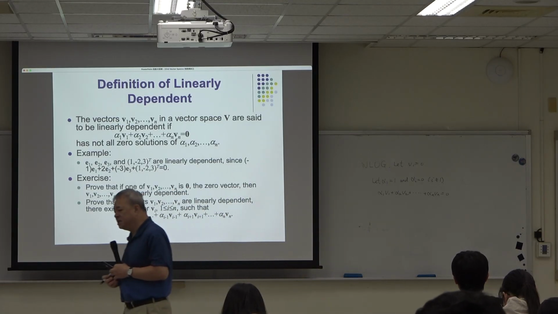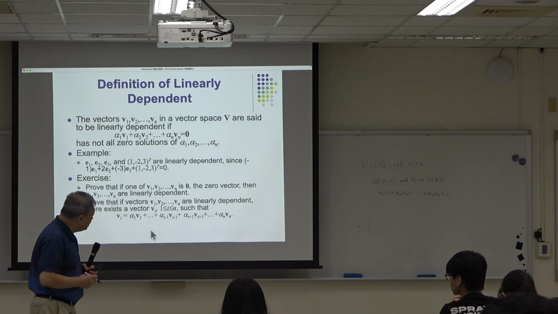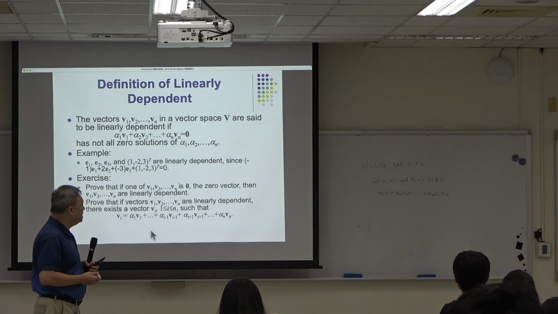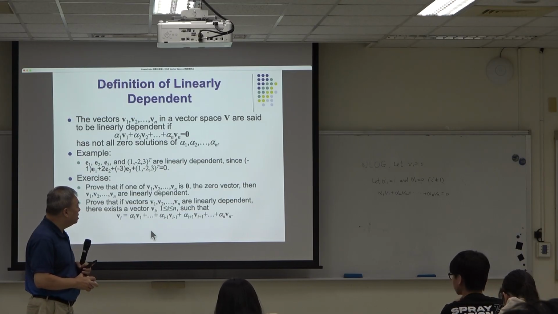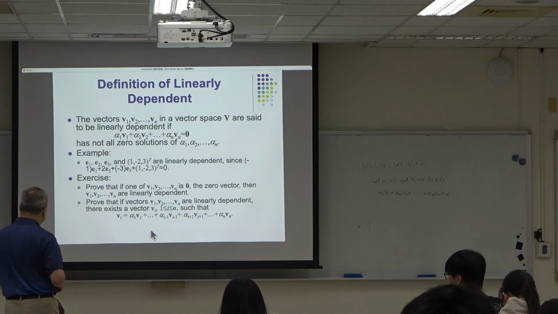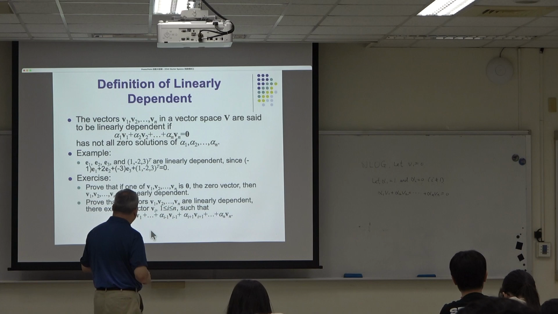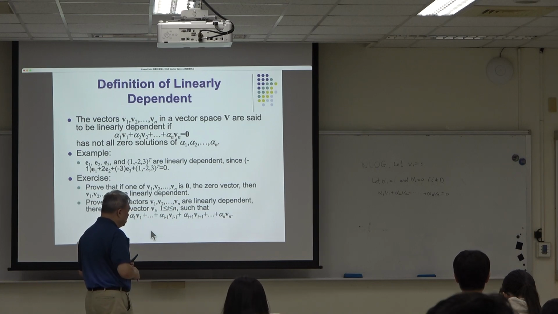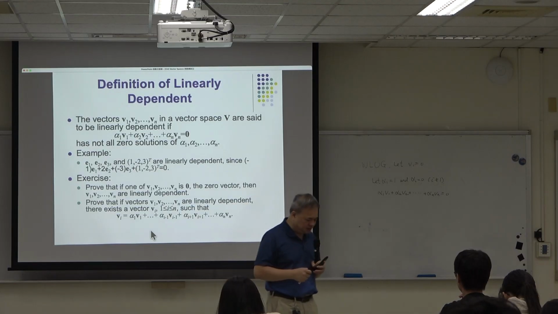And this obviously will be an assignment where at least one of these alpha i is non-zero. In particular, alpha 1 is 1, right? It's not 0. So we have shown that v1 to vn are linearly dependent if one of them is a zero vector.